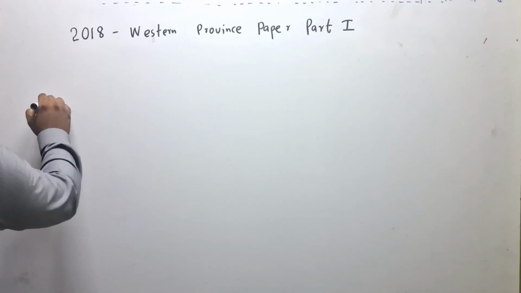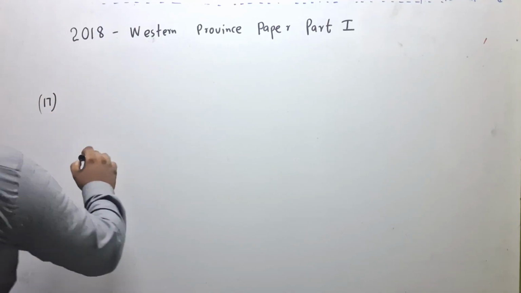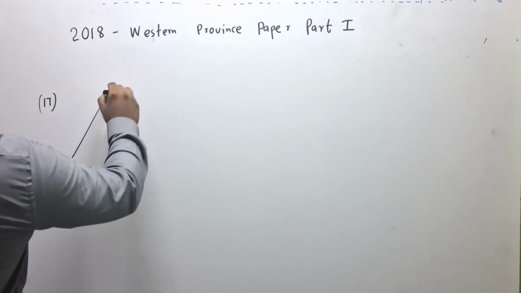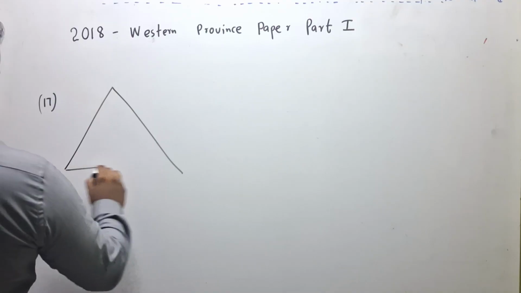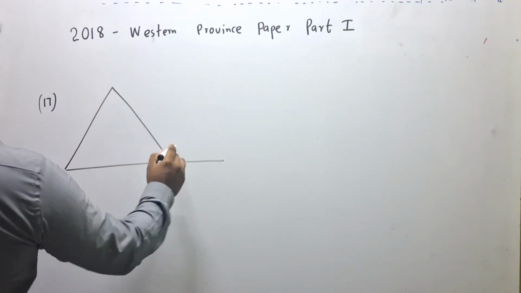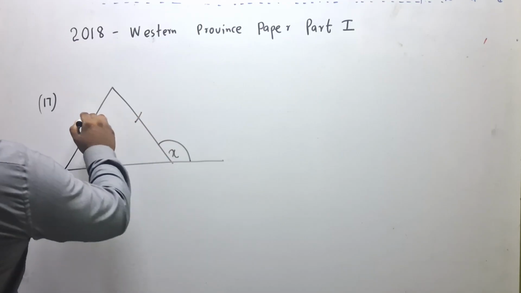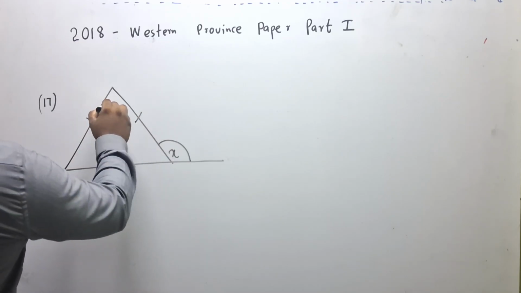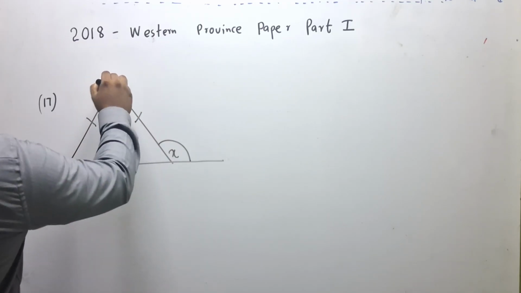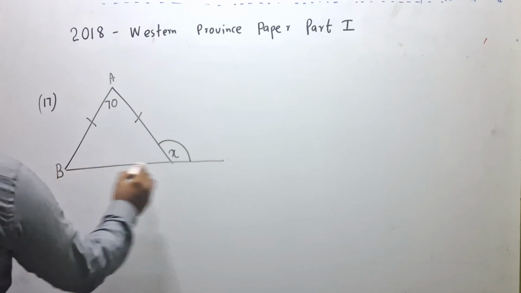This is from the exterior angle theorem. This angle is given as x and these two sides are equal. This is 70. A, B, C.